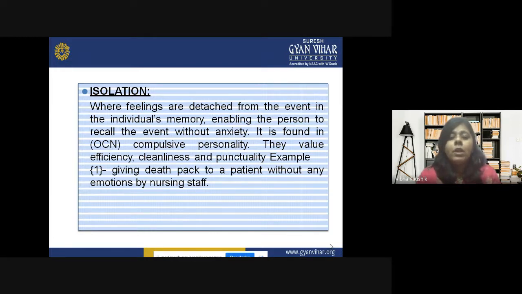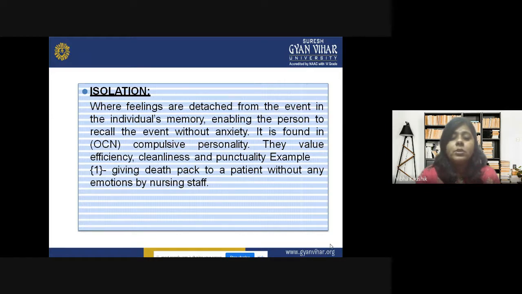It is found in OCD, compulsive personalities. They value efficiency, cleanliness, and punctuality.